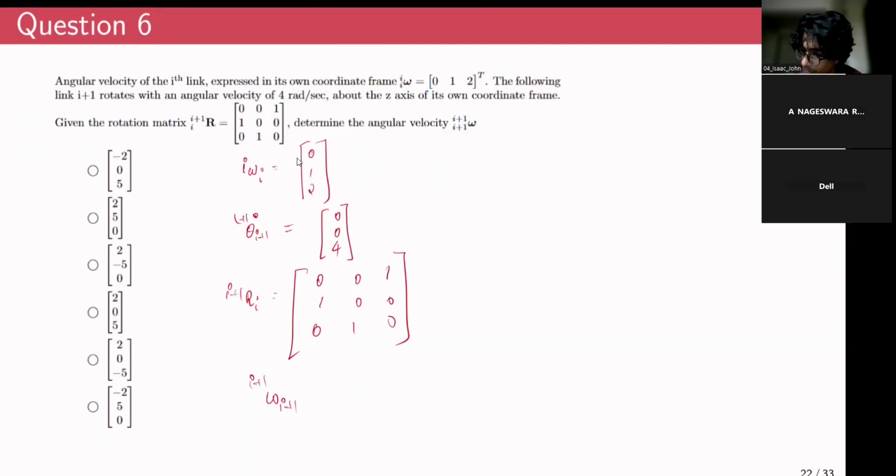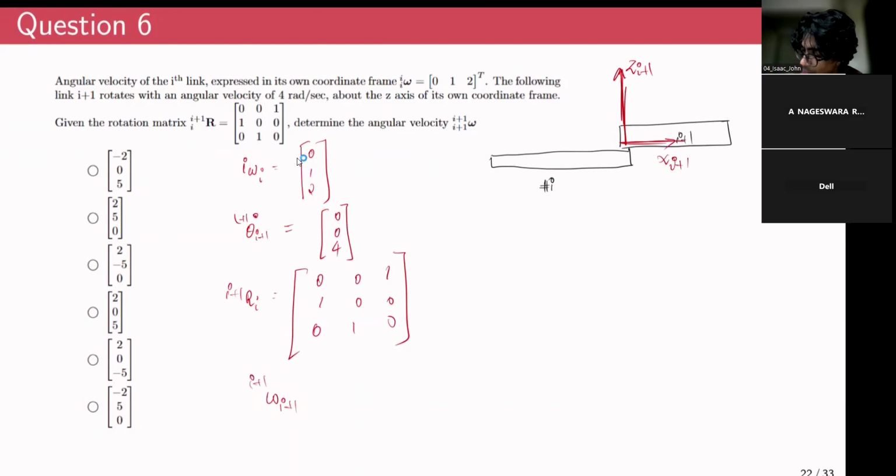So the context of this problem is as follows. We have a link I, and we have a link I plus 1. And here we attach a frame to the I plus 1 link. This would be Z I plus 1. This would be X I plus 1.